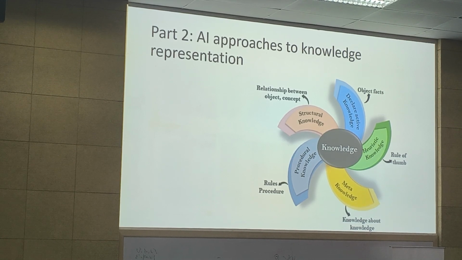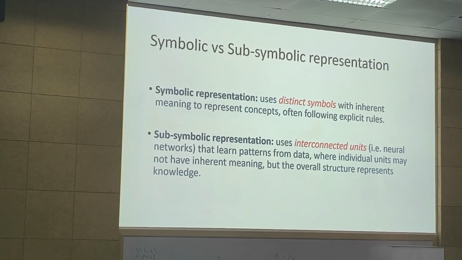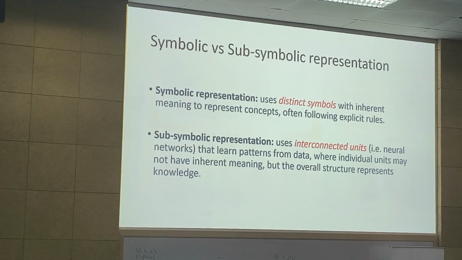Okay, so we went to the second part, where we look at the AI approach to knowledge representation. There are many ways knowledge can be represented, but still divided into two aspects. One is called symbolic, another one is sub-symbolic. Symbolic is when we have a very distinctive or separated kind of symbol for a specific object. They're sort of on their own, independent.